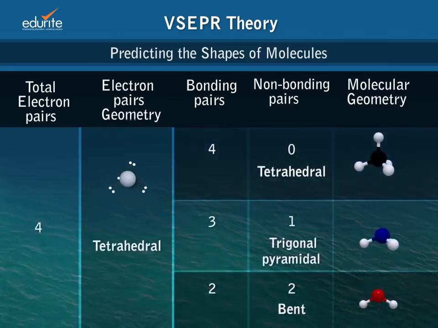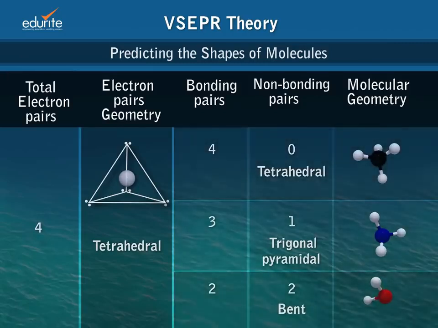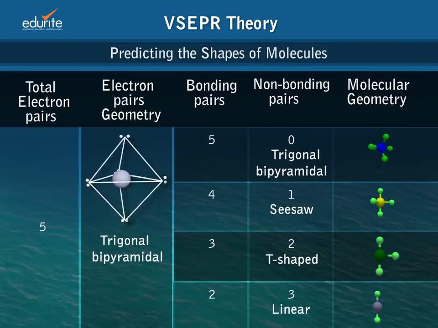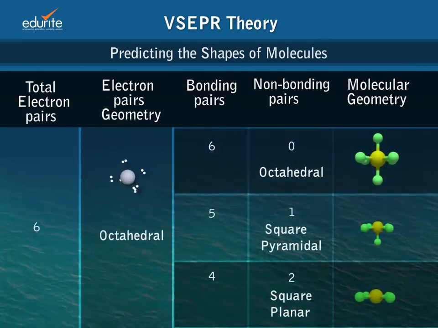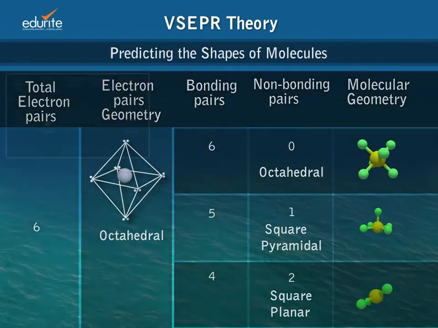When there are four electron pairs, the possible molecular geometries are tetrahedral, trigonal pyramidal, or bent. When there are 5 electron pairs, the possible molecular geometries are trigonal bipyramidal, seesaw, T-shaped or linear. When there are 6 electron pairs, the possible molecular geometries are octahedral, square pyramidal or square planar.